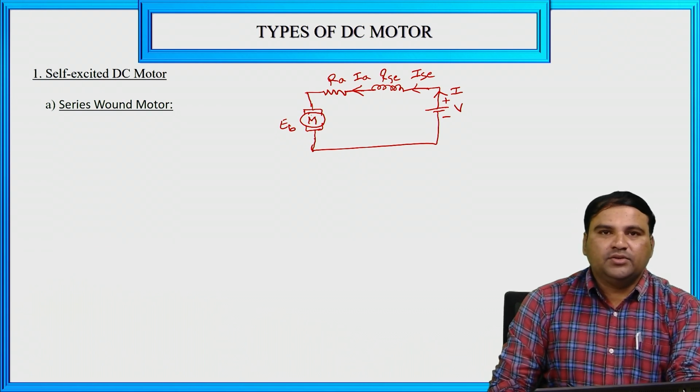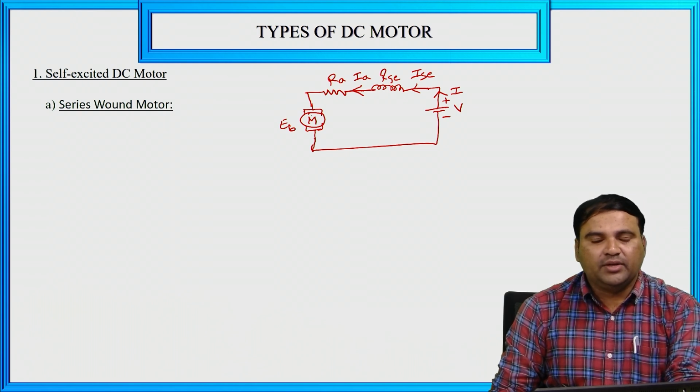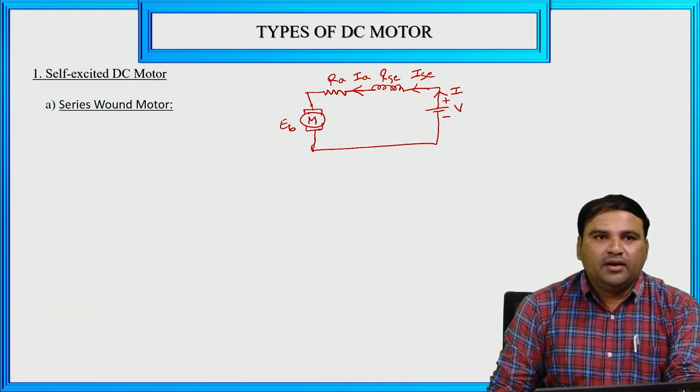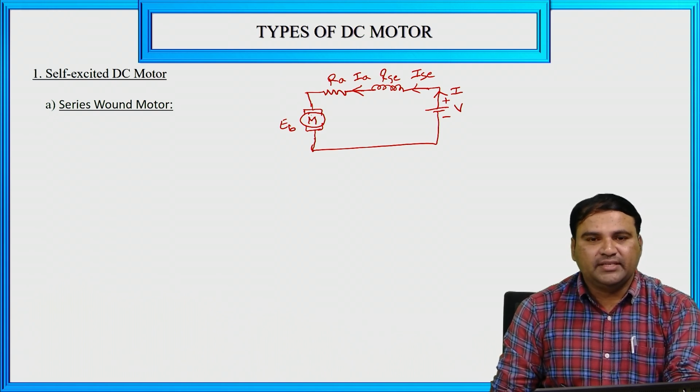Now for this series wound DC motor, we need to write the current relation, voltage relation and power relations.